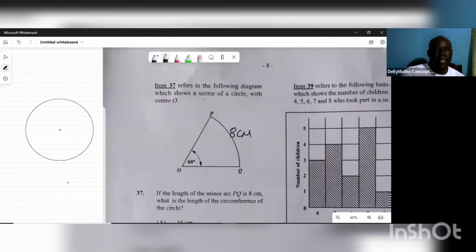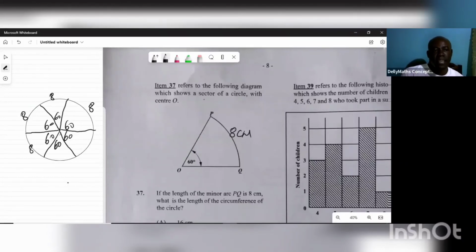I'm saying that 60 is like that. 60, 60. How many times could you get 60 out of that? You're going to realize that you will get the 60 going around 6 times. For each of these, this is 8, this is 8, this is 8.